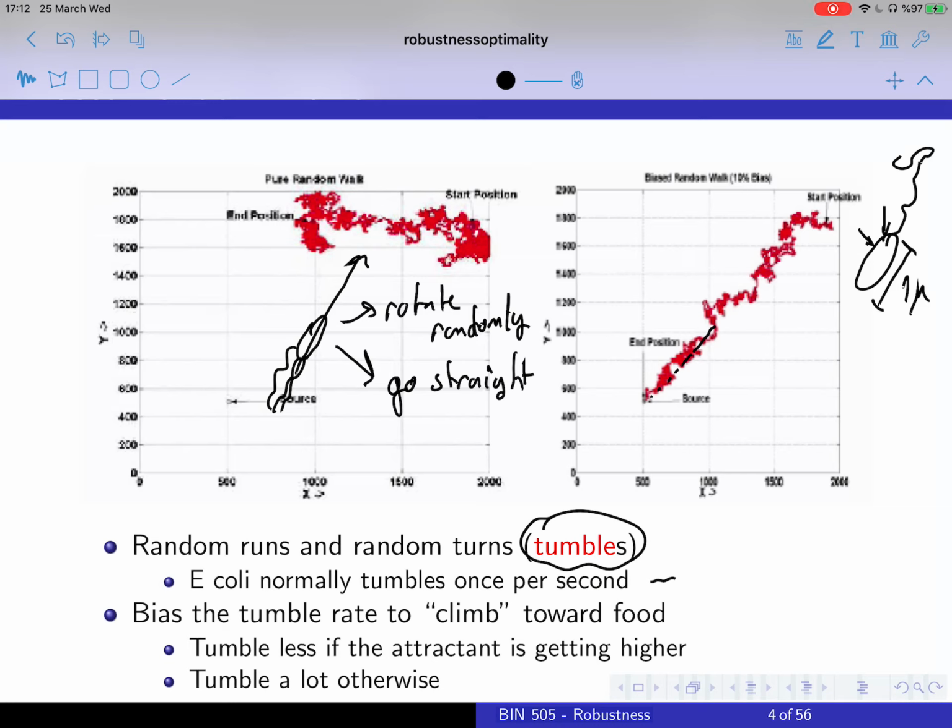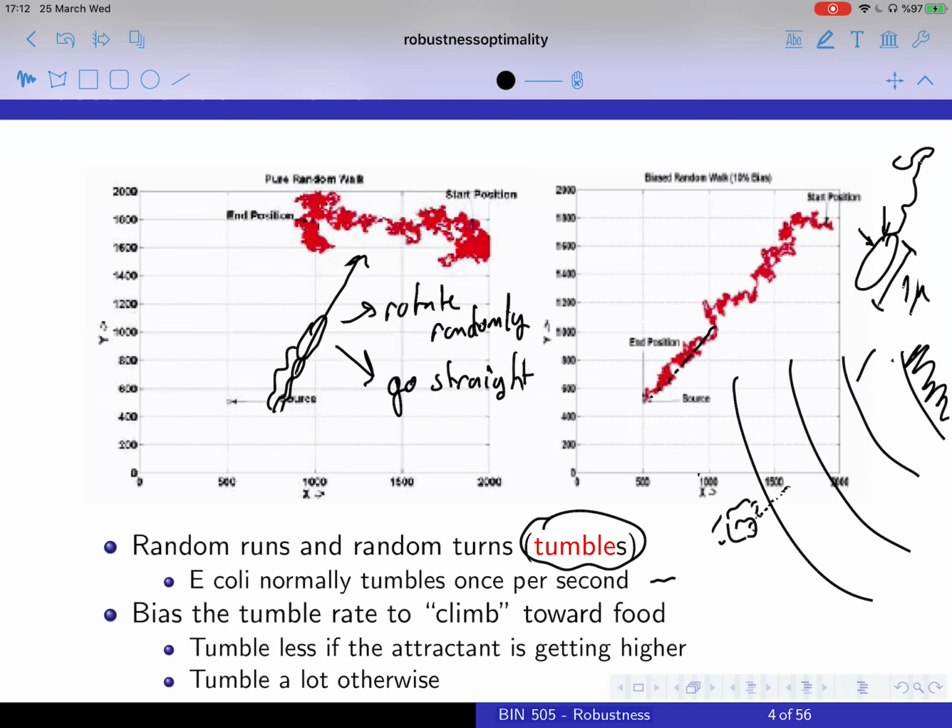So let's say you're an E. coli bacterium again, and you just tumbled, and you started going straight. Now you sense that food is getting better. So here's the concentration of food: a lot of food here, a bit less food there. These aren't literal levels, but there's a gradient towards the food.